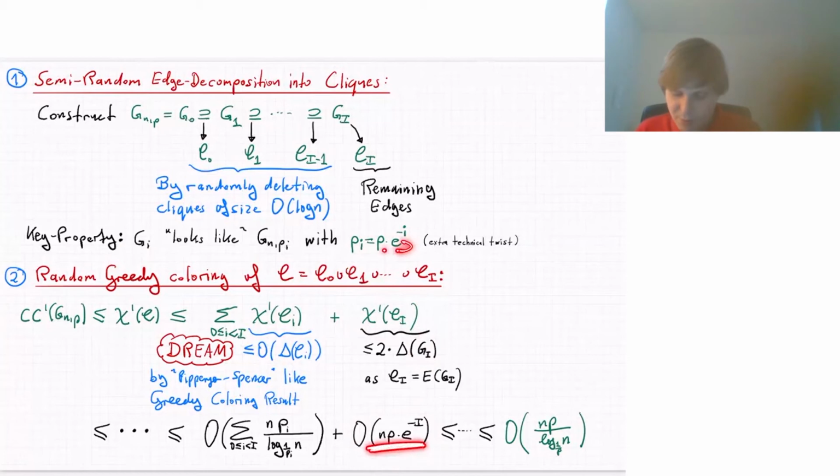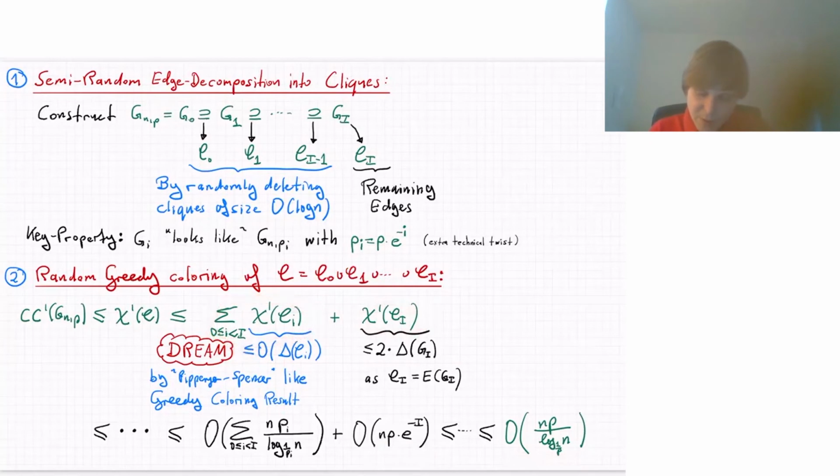Now you see that if you can make the number of iterations i sufficiently large, something like some big constant times log n, then this term will be significantly smaller than what we're aiming at. So this final term is surely fine. The main question is, what can we do with these first terms?